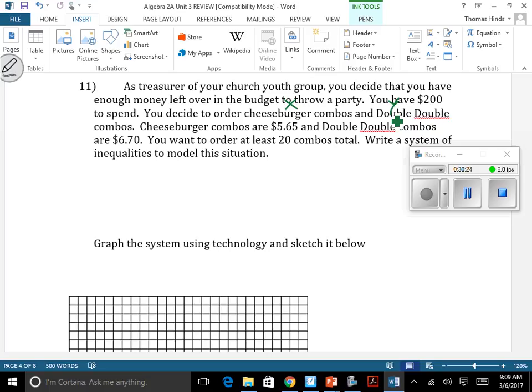But eventually, being good in math isn't always about being so smart. It's about seeing the pattern. I see the same thing over. How did they know it's an X? I just chose an X. I could have chosen C for cheeseburgers and D for double doubles. Why did they choose X and Y? I don't know, their fingers. So eventually, for those who want to be good at math, finding patterns is going to be your key.